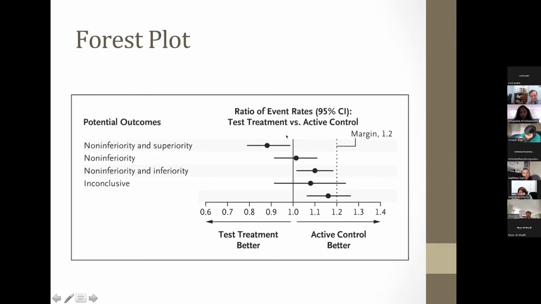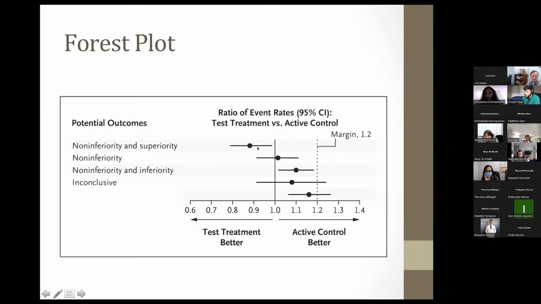Okay, and the last one, anybody? Inferior, but the control is superior to treatment. I'm sorry, I didn't get the last part. So it's inferior. Correct. And control is superior compared to the treatment.